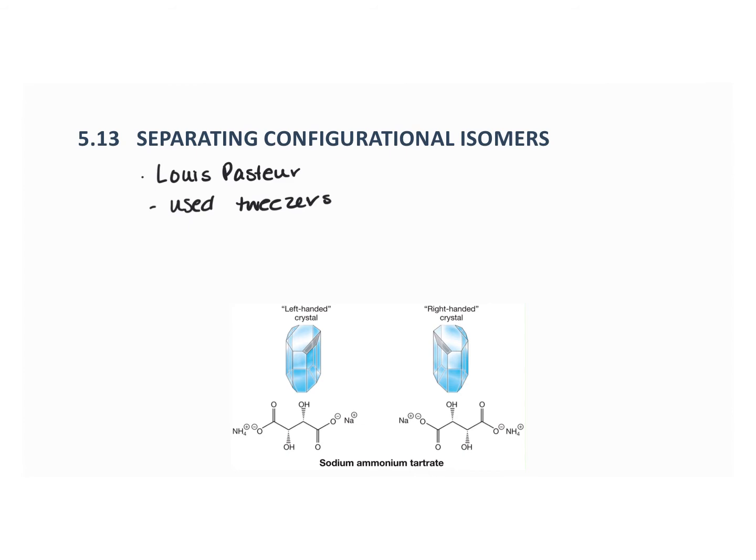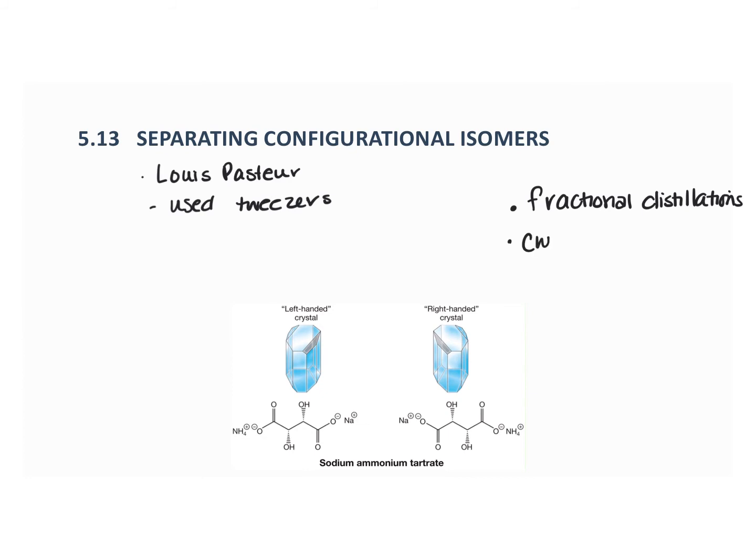We don't use tweezers. Instead, since diastereomers have different physical properties, we separate them by common laboratory techniques like distillation, fractional distillation. Right? If they have different boiling points, we can use those boiling points to separate them out.